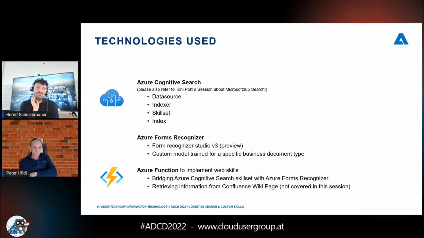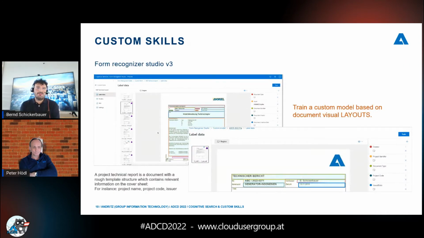As you can see in the Azure function part, we can also retrieve, for instance, information from Confluence wiki pages with the same setup. This is nothing we cover in this session. So in this session, we focus on how to apply Form Recognizer on a specific set of documents to get out the data there. I will show later in the demo, but this is what you could expect from Form Recognizer.